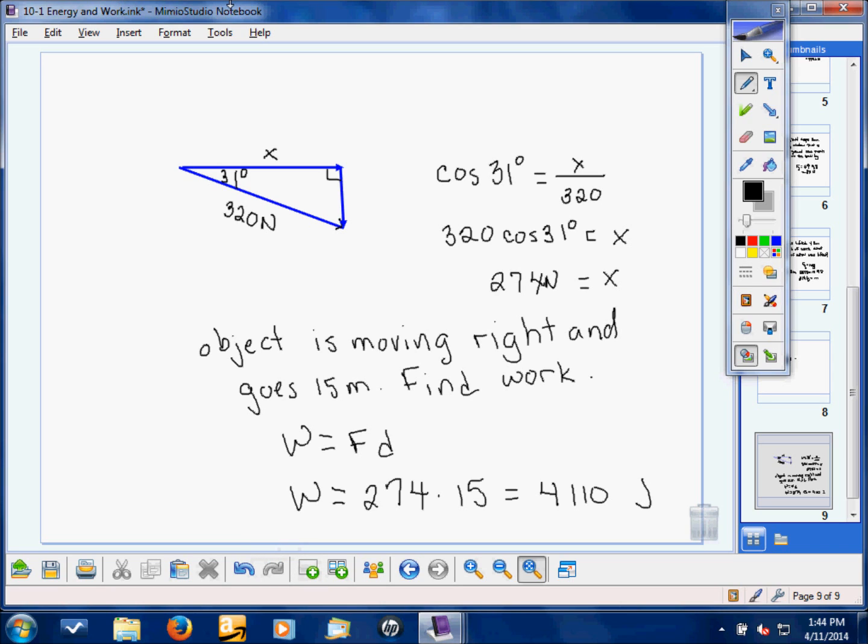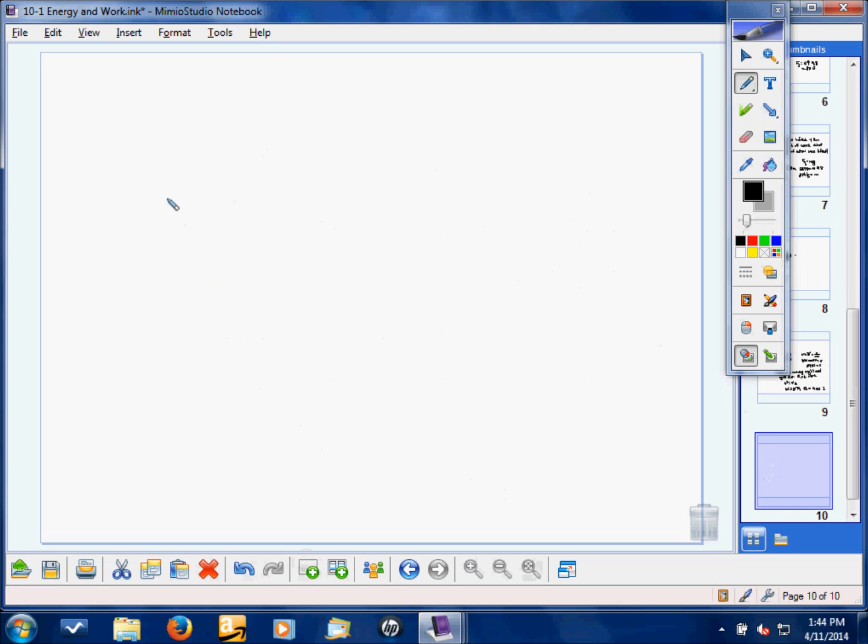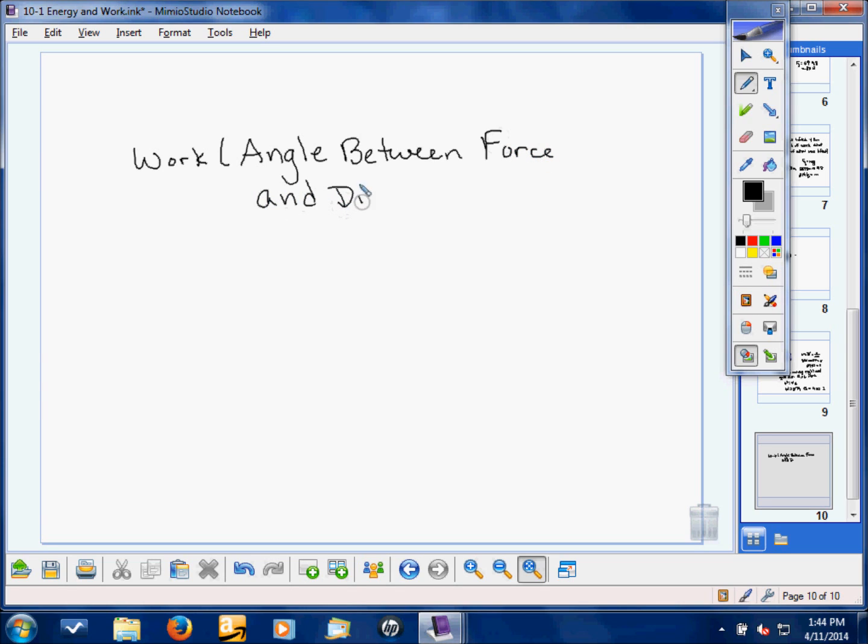Let me give you that formula real quick. When there is an angle between force and displacement, you can do it in one equation: work equals force times distance times the cosine of theta.